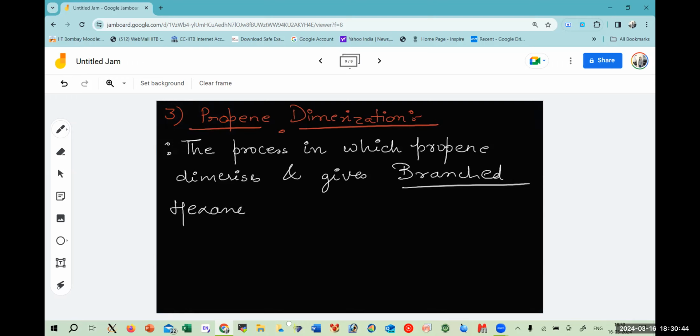Since we are talking about dimerization, propene is a 3-carbon molecule, so after dimerization it should have only 6 carbons. So it would give you branched hexanes.